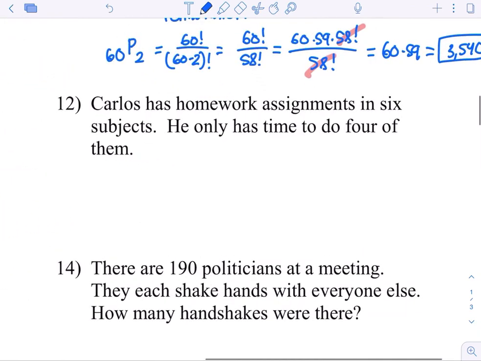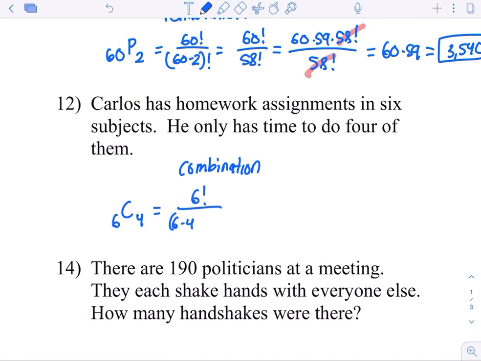Okay, Carlos has a homework assignment in 6 subjects. He only has time to do 4 of them, but any 4, right? Because they don't specify, so this is combination. So 6 choose 4 of them. So 6 factorial over 6 minus 4, 4 factorial, which is 6 factorial over 2 factorial times 4 factorial.